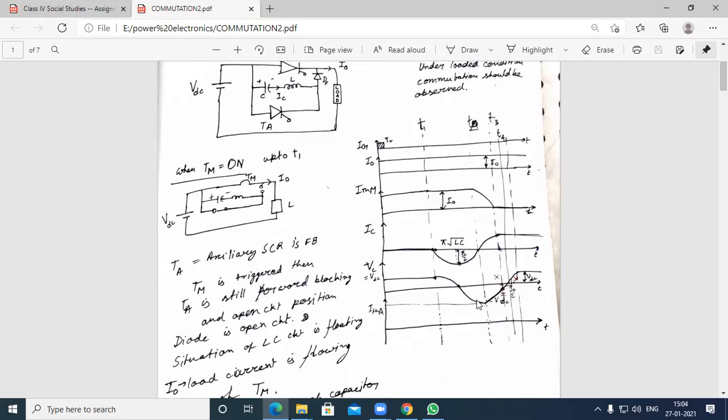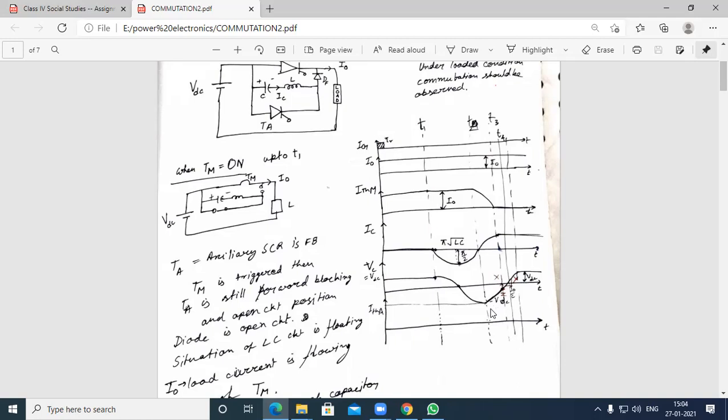You can see initially the supply voltage is VDC. Now gradually it changes, with the polarities reversed, and the auxiliary thyristor is now connected across a high negative and positive voltage.